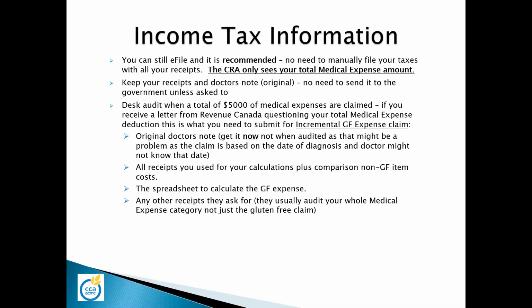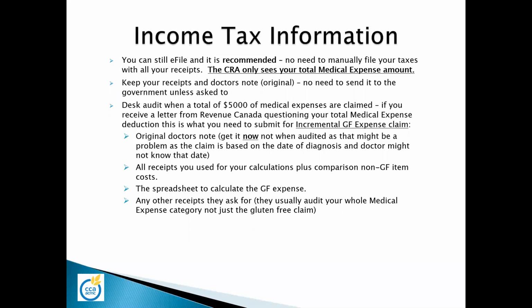You need to get your original doctor's note, which you should get as soon as you're diagnosed. You need to get all the receipts you used for your calculations, plus the comparison receipts, flyers, and papers that you used to create the comparison amounts, the spreadsheet to calculate the gluten-free expense, and any other receipts for that medical expense category.